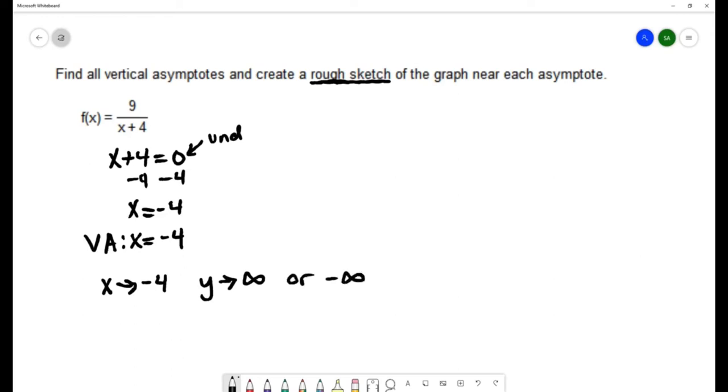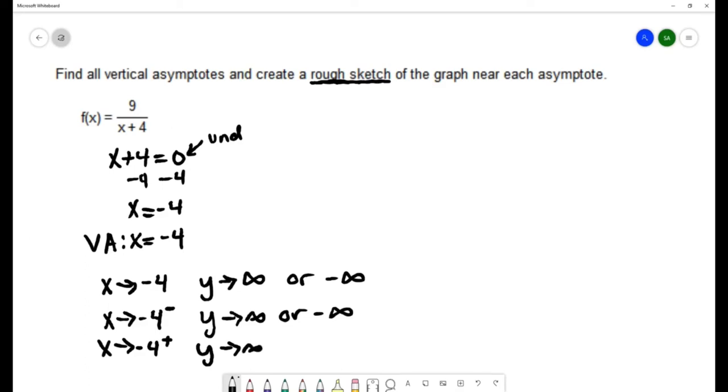And you can approach this value of negative 4 from either side. You can have x approaching negative 4 from below negative 4, and y can approach infinity or negative infinity. And you can approach negative 4 from above negative 4, and y will approach infinity or negative infinity.